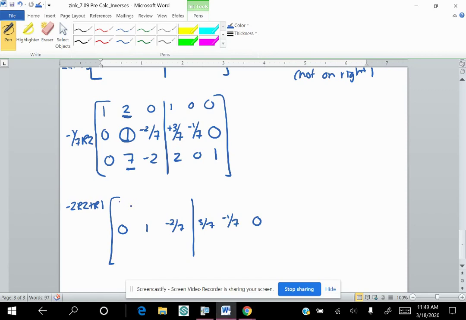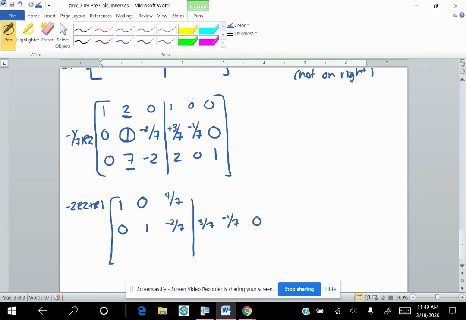So up here we're going to have a 1. Then we're going to do negative 2 times 1 plus 2 is 0. Then we're going to do negative 2 times negative 2/7, plus 0, so that'll just give us positive 4/7. Then we have negative 2 times 3/7, so that'll give us negative 6/7.